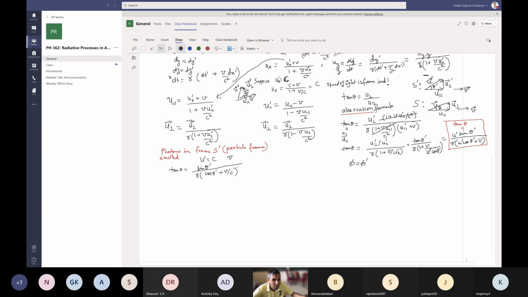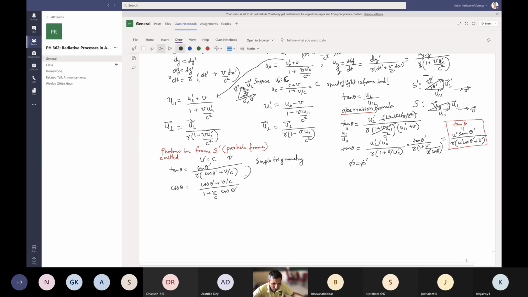Okay, now via simple trigonometry, you can write this as the following: cos theta is equal to cos theta prime plus v by c divided by 1 plus v by c cos theta prime.